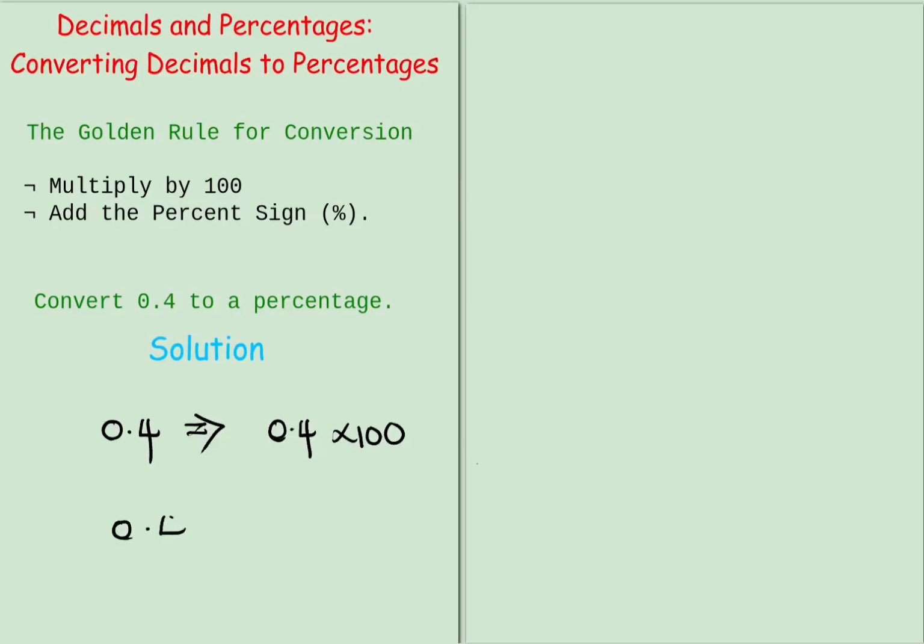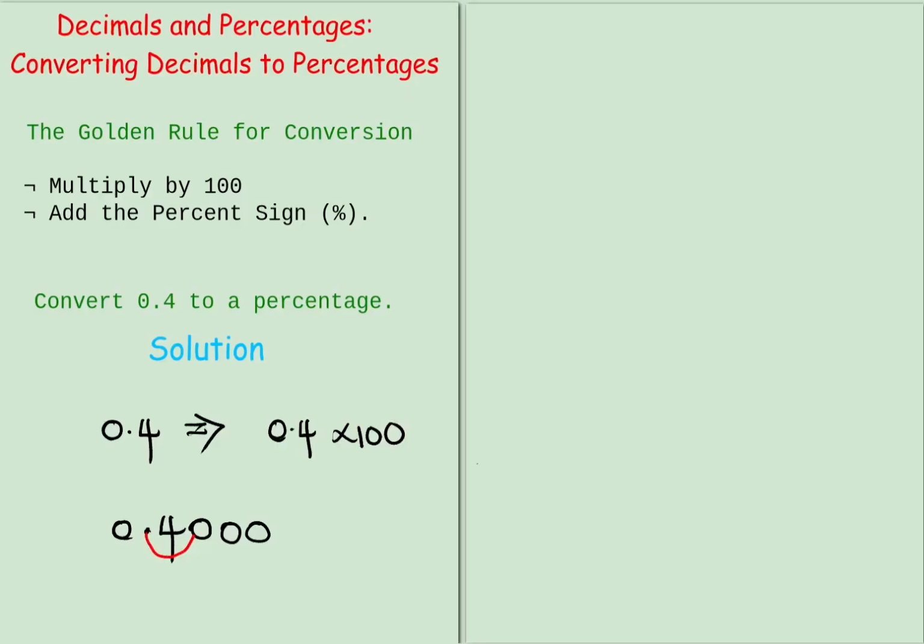Now, when it comes to decimals, if we add trailing zeros, they don't change the value. So multiplying by 100 simply means you should move your decimal point 2 times to the right.